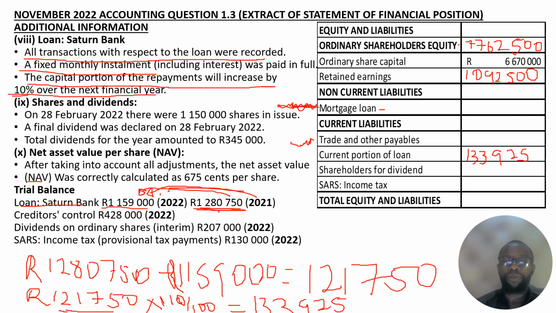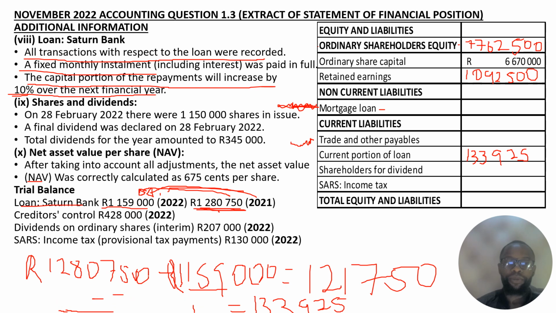So we need to know how much is our mortgage bond. So we are going to deduct this 133,925 from this 1,159,000 and know what is our long-term liability.